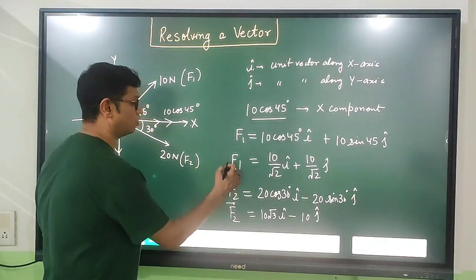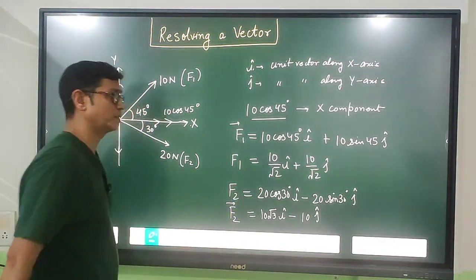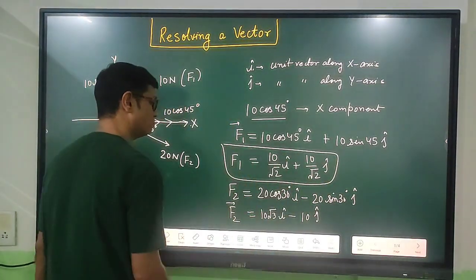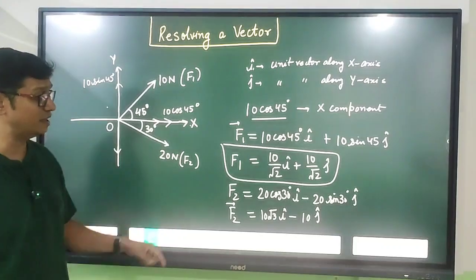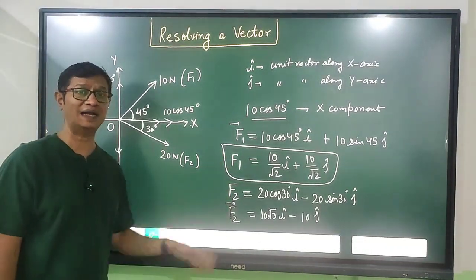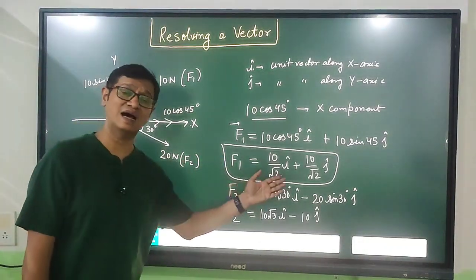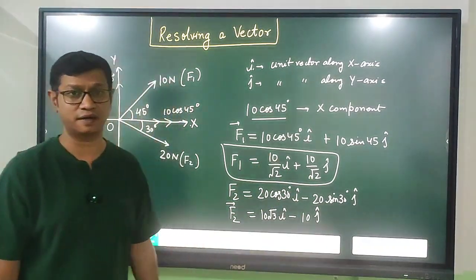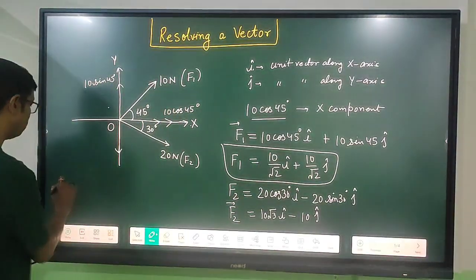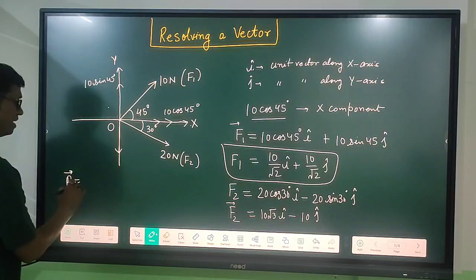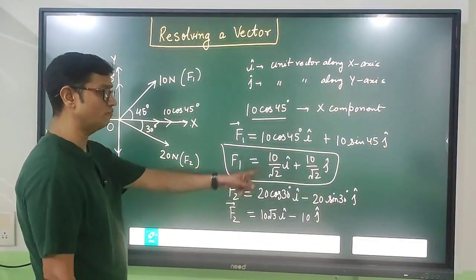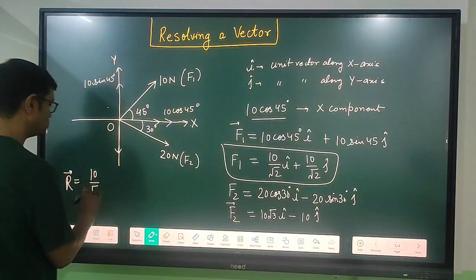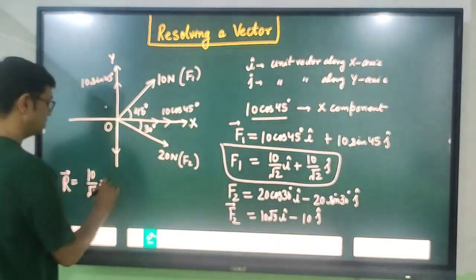Let's put a vector sign because these are vectors. Once you have figured out these two vectors in i j form, what is the advantage? The advantage now, dear, is that when you have to add these vectors, you can simply add the i components together and j components together and put i j at the correct places. So the resultant of these two forces, R, can be written as F1 plus F2, which is 10 root 2 plus 10 by root 2 plus 10 root 3.